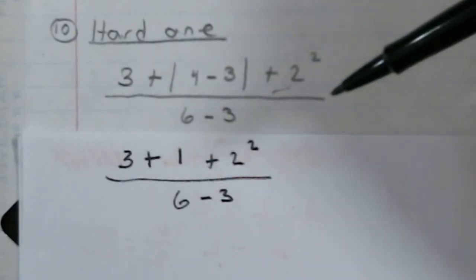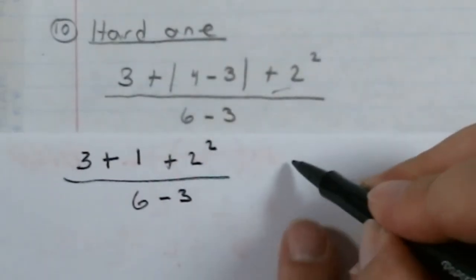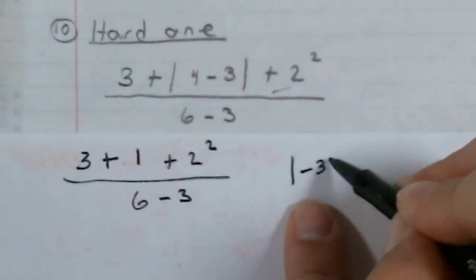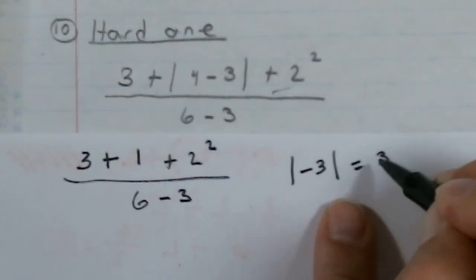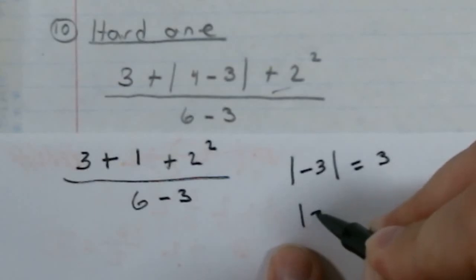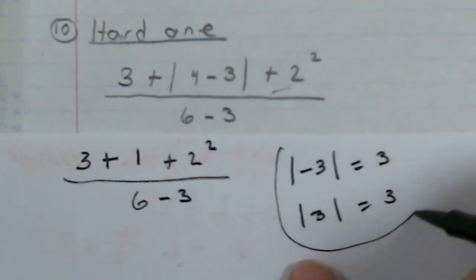But for those students that remember what an absolute value is, what is the absolute value of a minus 3? It's just 3. What's the absolute value of just 3? Just 3.